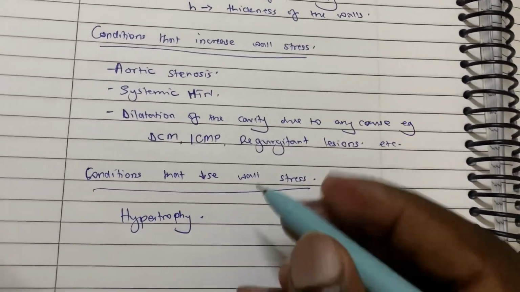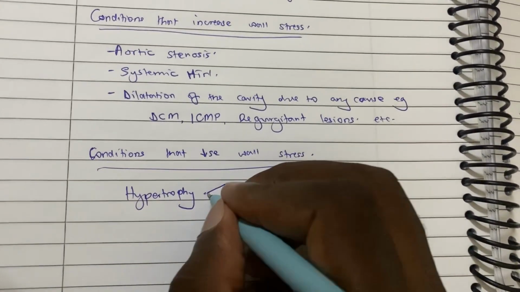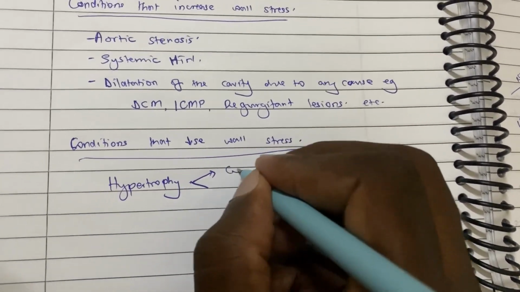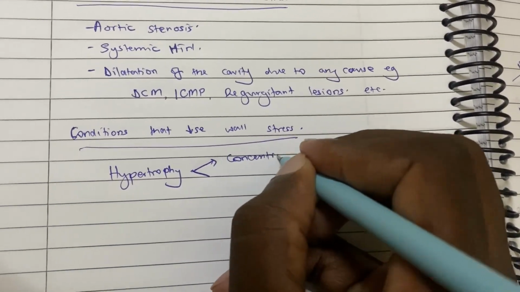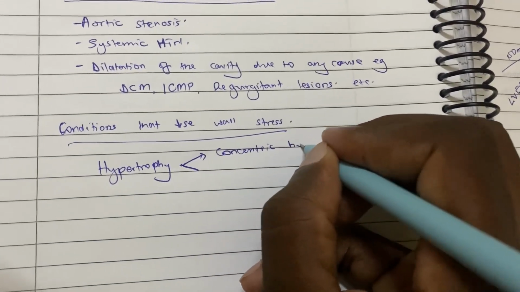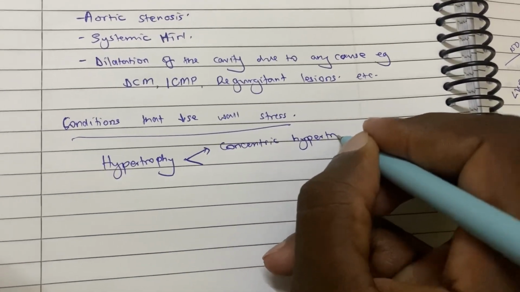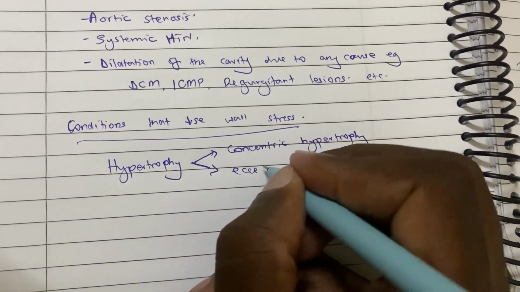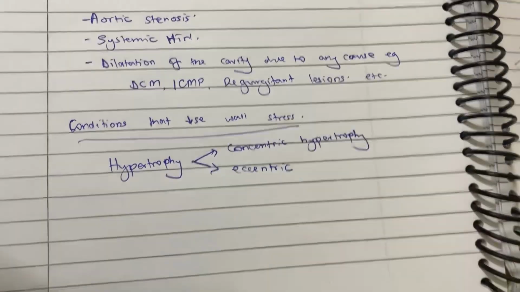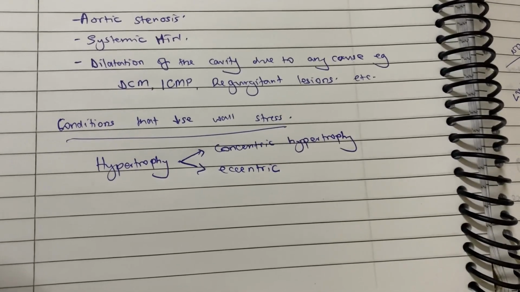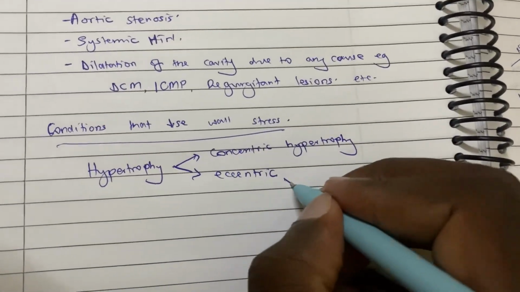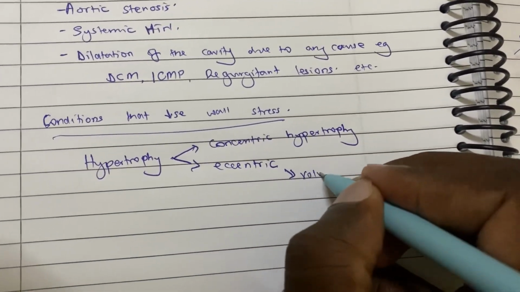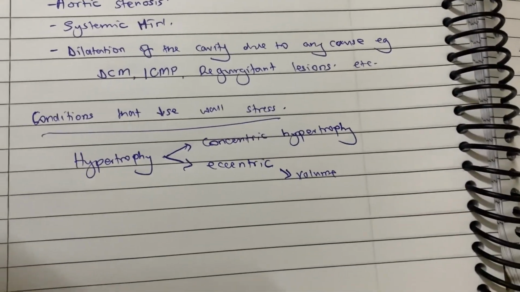We have two types of hypertrophy: concentric hypertrophy and eccentric. Eccentric is due to volume overload, volume, that is preload, remember.